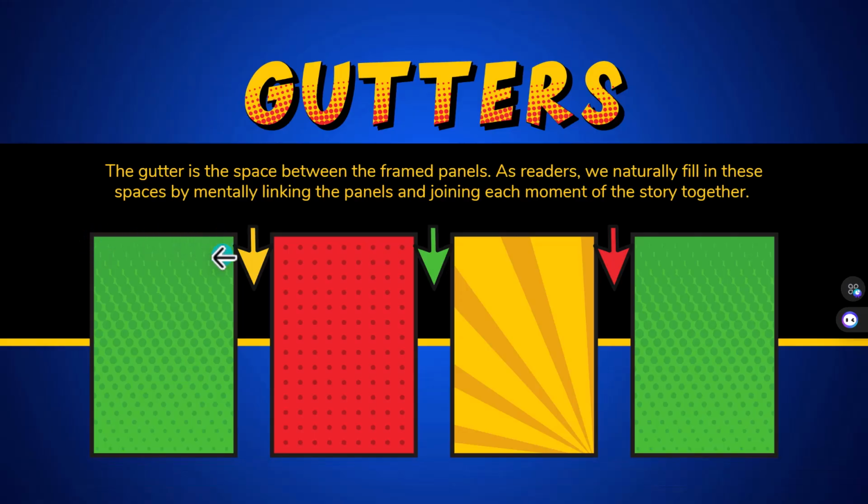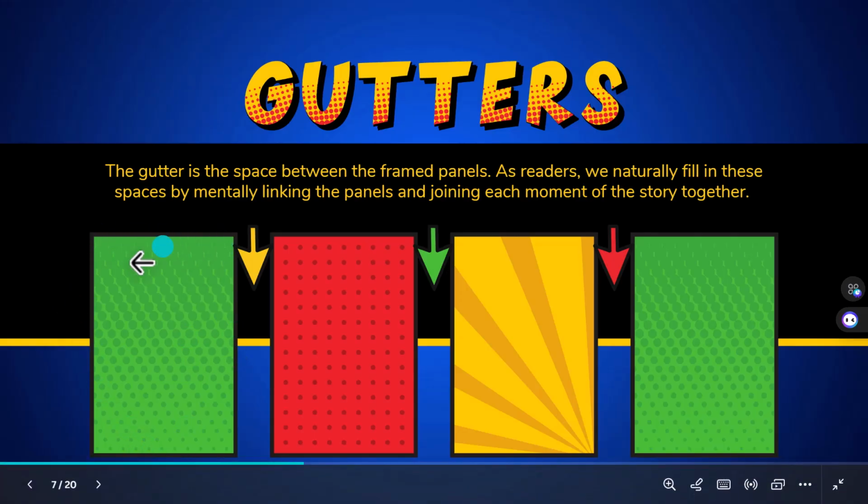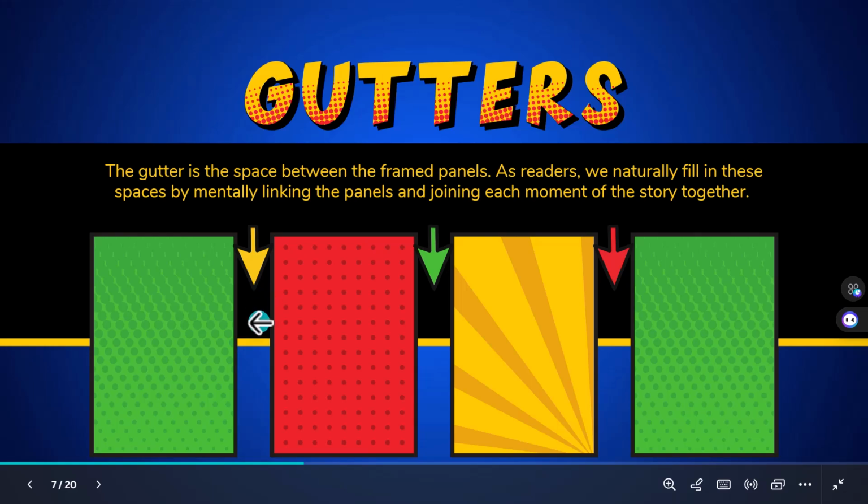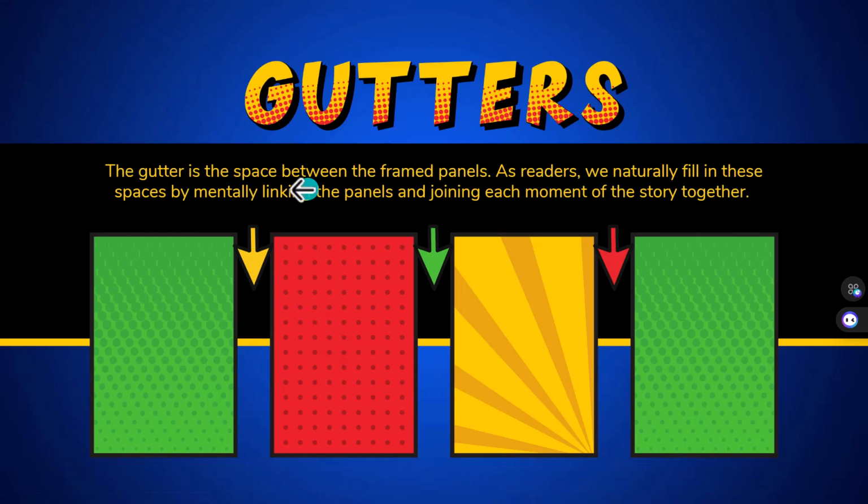Then you have a border, which could be the black outline around your panel. Then the gutter comes between panels. When you have the first panel, you have a gutter before the next panel. So the gutter is the space between the framed panels. As readers, we naturally fill in these spaces by mentally linking the panels and joining each moment to the story together. So those are gutters.